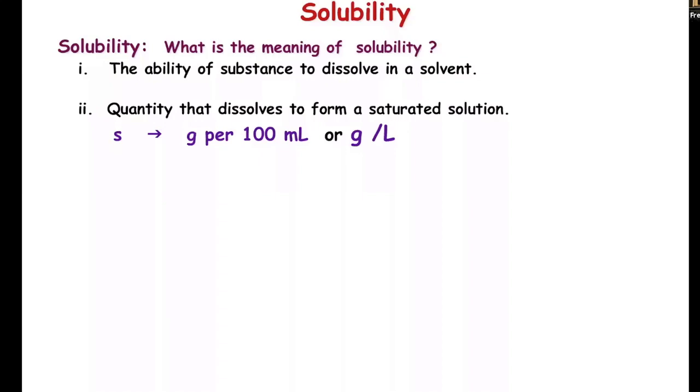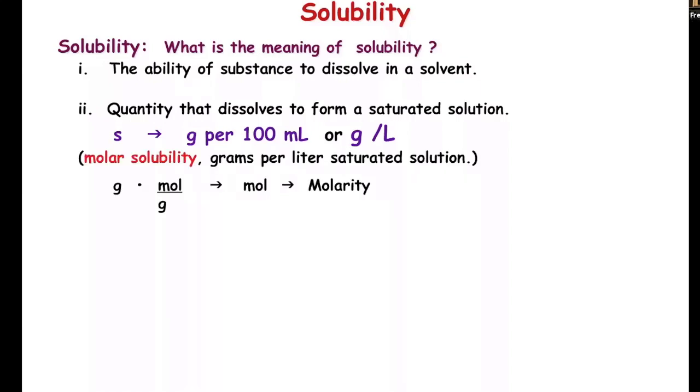Sometimes in equilibrium, we don't deal with solubility, we deal with molar solubility. Molar solubility is converting the grams to moles and then dividing that by the volume of the solution. Okay, so make sure you know how to do that conversion. You should be able to take a solubility, that is the grams per 100 milliliters of water, and convert it to molar solubility, because molar solubility is the quantity that you will be using when you solve these types of problems.